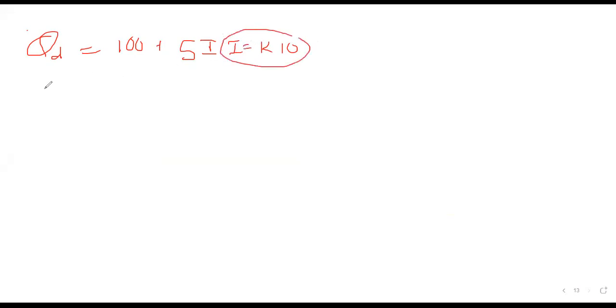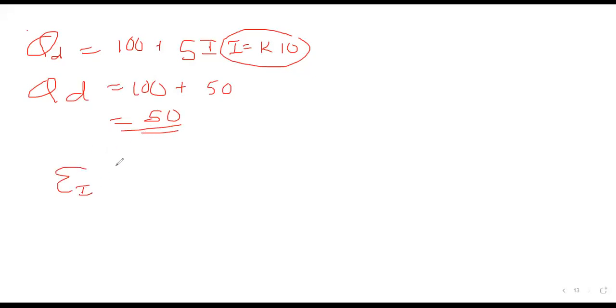So we substitute: QD is equal to 10 plus 50, and when we put 10 there, it will be 50. So quantity demanded is 50. So elasticity of income is simply the slope times our income over the quantity.